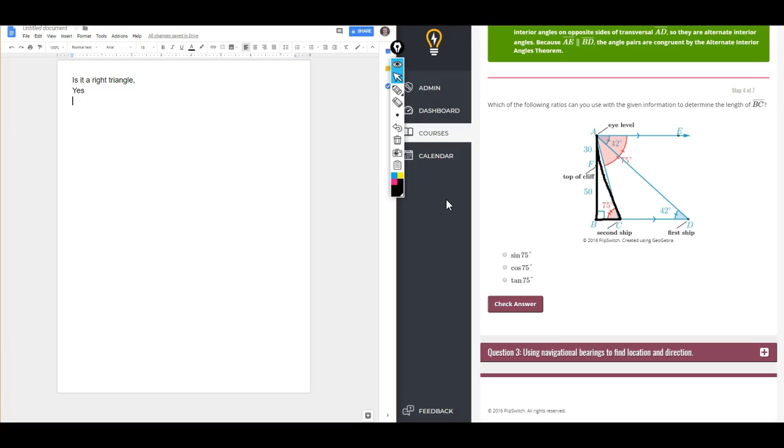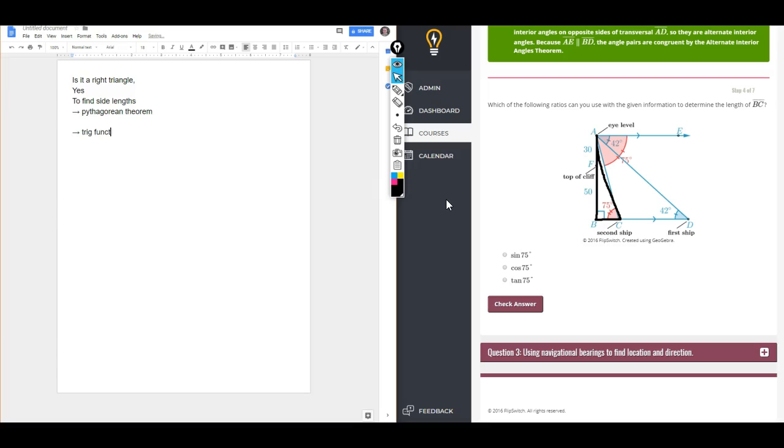So then the next question is, there's two tools we can use to find side lengths. To find side lengths, we can use the Pythagorean theorem, or we can use trig functions.